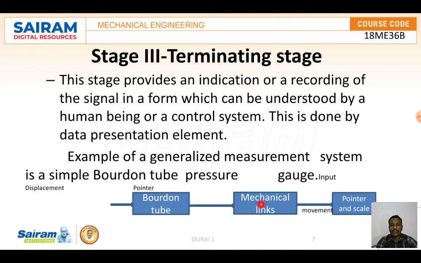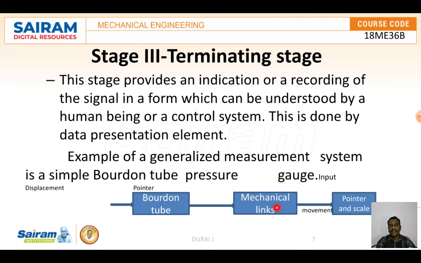They convert or magnify the values. The rack and pinion gear is connected to the pointer and scale. Once the pressure is directed here, the mechanical links change position, which means the pointer rotates.